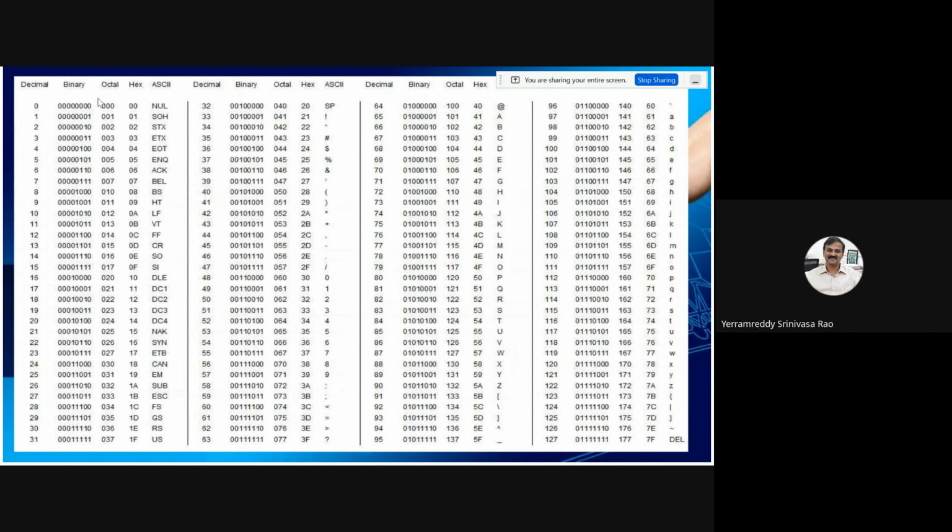We prefer octal numbers, hexadecimal numbers, ASCII. On top of it, as I said, mnemonics, assembly language, high level language, or graphical visualization. Day by day, we are moving closer to the human's natural way of communication.